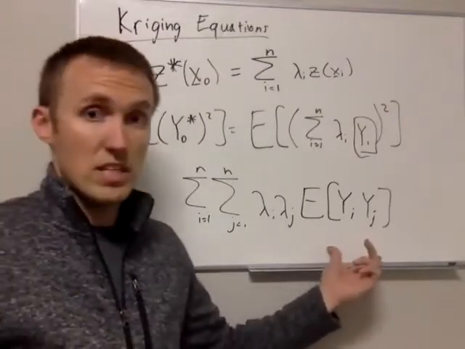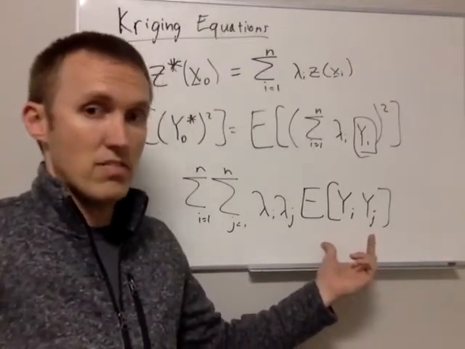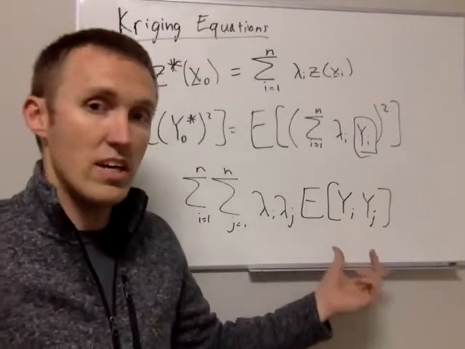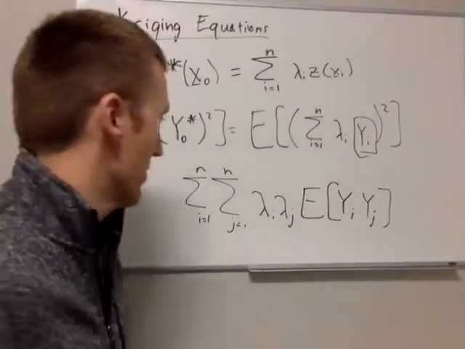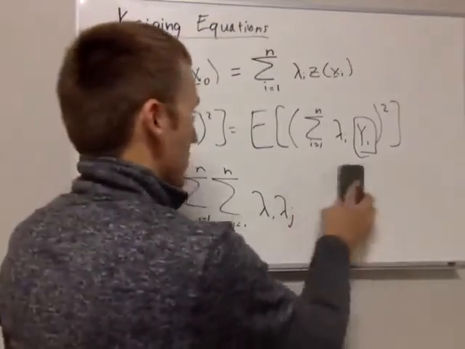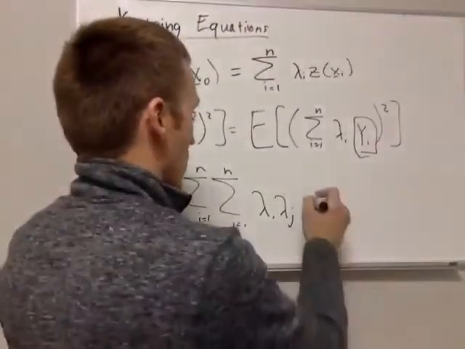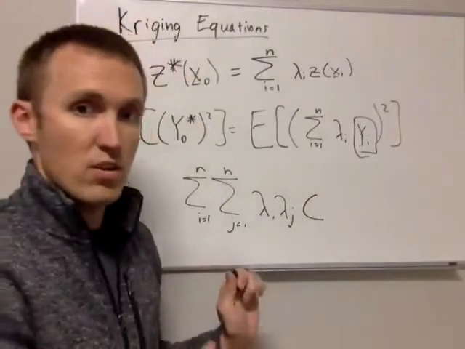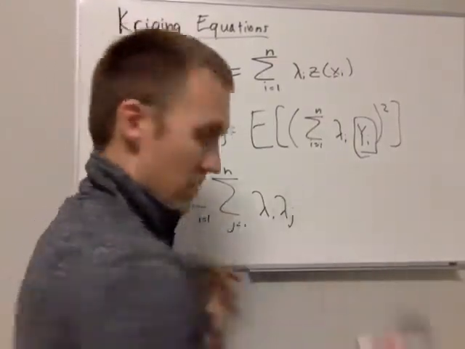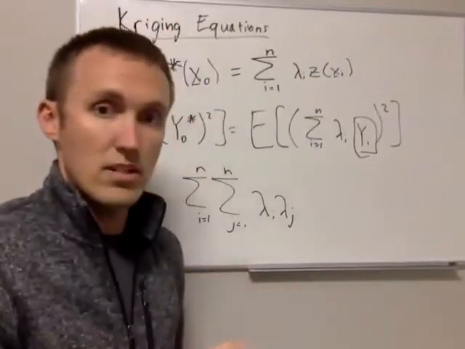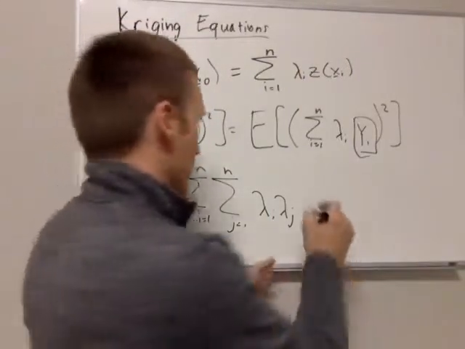So again, because the mean is 0, this expected value of yi times yj is just the covariance of yi with yj. So we can actually replace this term with, I'll call it sigma squared ij.